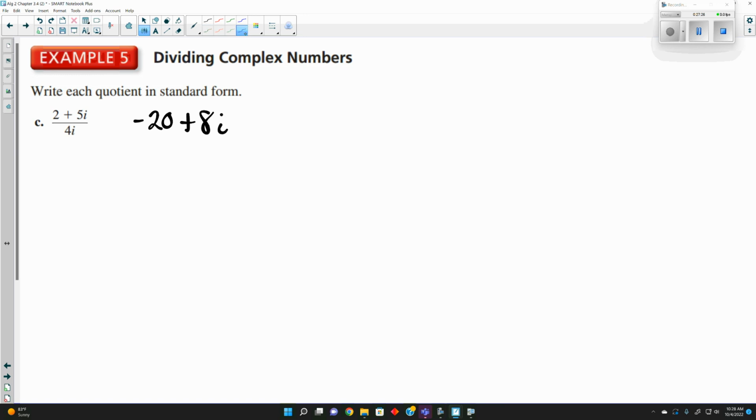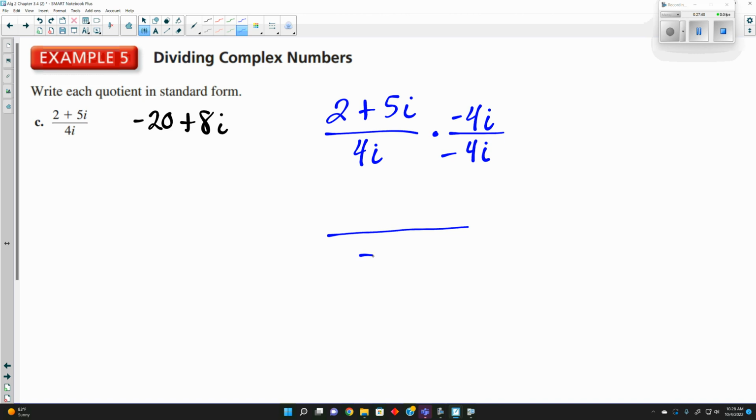Because if we wanted to do this by hand, what we would do is we'd multiply this by negative 4i over negative 4i. Well, the denominator, 4 times negative 4 is negative 16, and then we would have i squared. Well, the i squared is going to turn this from negative 16 to positive 16.